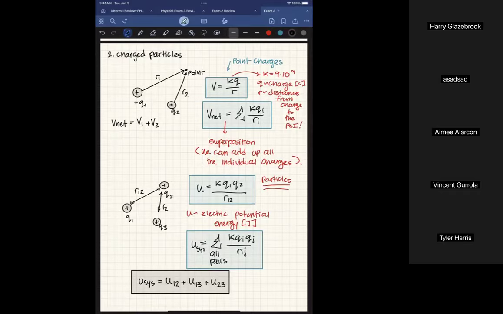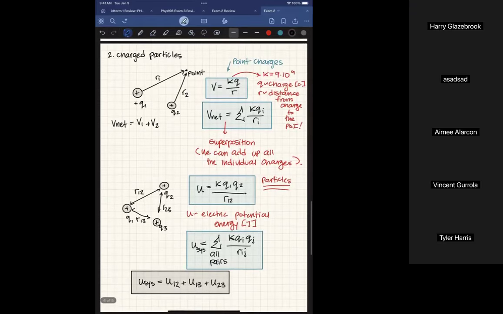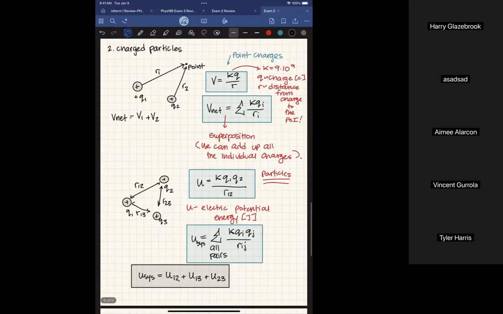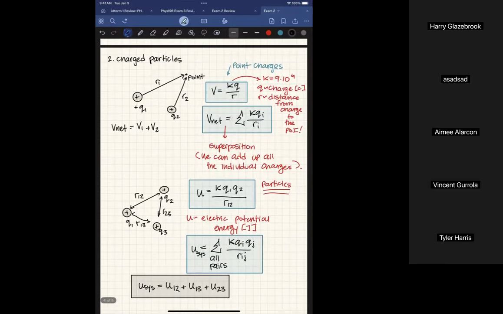Whereas this is R23, this is R13. So there's a subtle distinction between finding the electric potential and electric potential energy for a system of point charges. The funny thing is, as hard as this chapter seems, that's literally it.